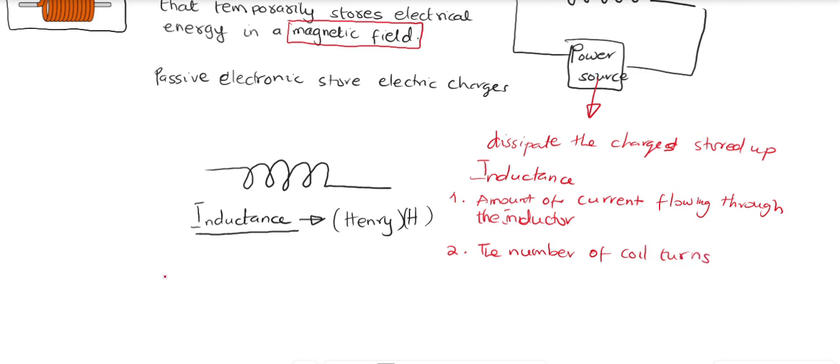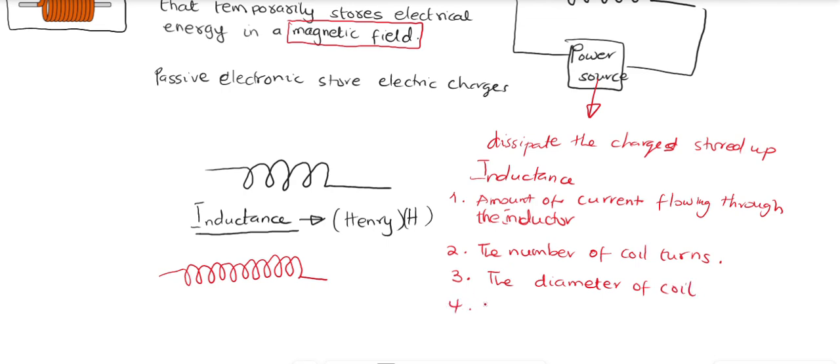If I have an inductor that has several coil turns, it means that its inductance is also going to increase. Then three, it also depends on the diameter of the coil, very important. Then number four is the spacing between the turns.